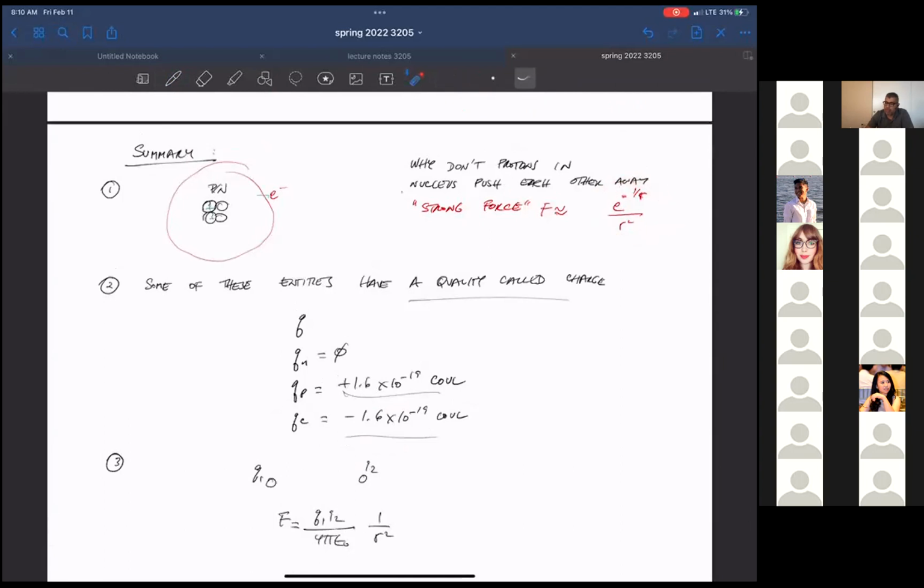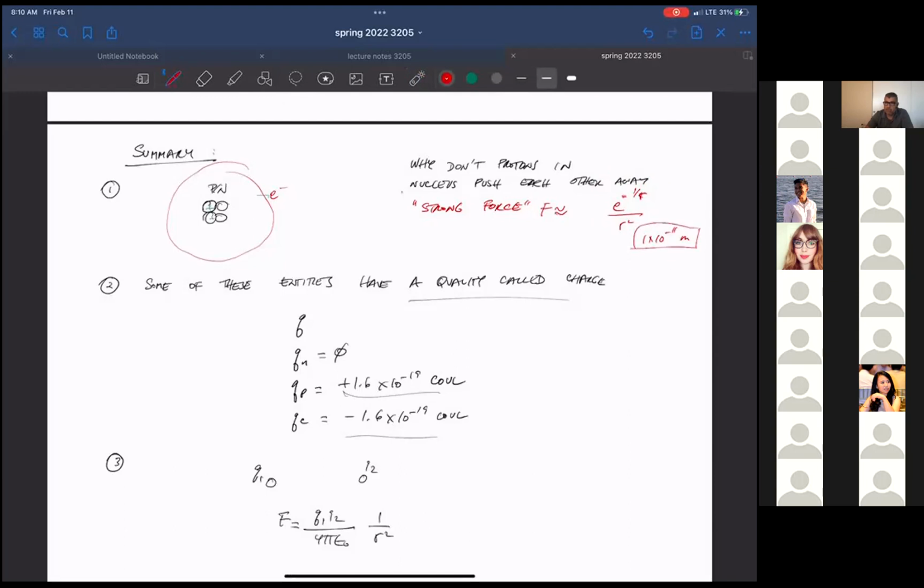It drops off really quickly. So the distances where it's effective are, I don't know what the numbers are, say 1 times 10 to the minus 11, 1 times 10 to the minus 12 meters kind of thing. And this is a force that's keeping the nucleus together, okay?